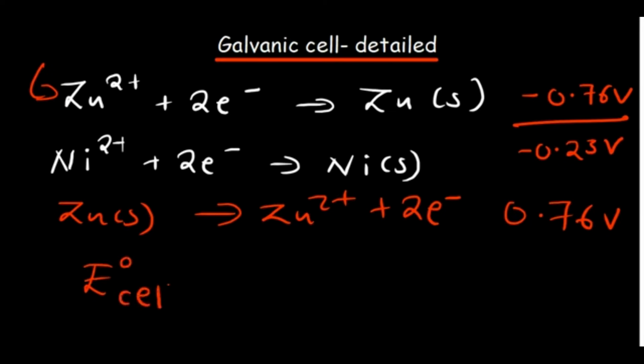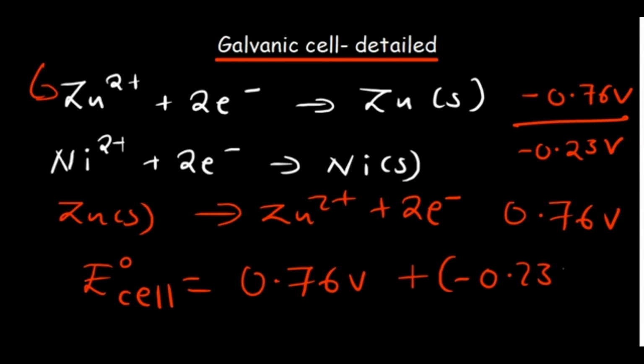You just have to add what you have now: your 0.76 plus a minus 0.23. In this case, you'll notice that your result is going to be a positive 0.53. So now this galvanic cell in this kind of setup is feasible, it can work.